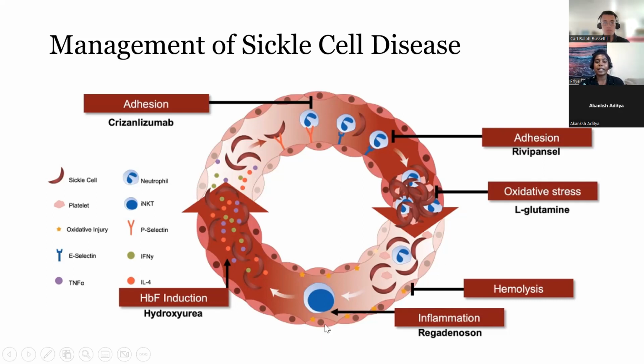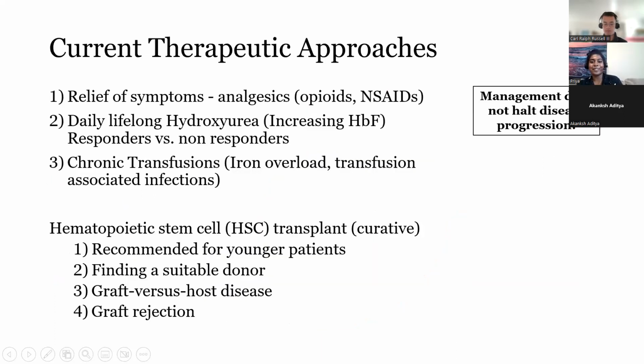And the main standard of care for sickle cell disease is hydroxyurea, which is a drug that increases fetal hemoglobin expression. And I'll talk more about why that is used to manage sickle cell disease, but it's a cool mechanism. So more about therapeutic approaches.